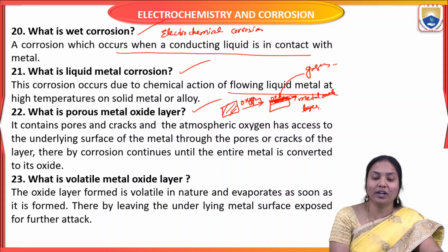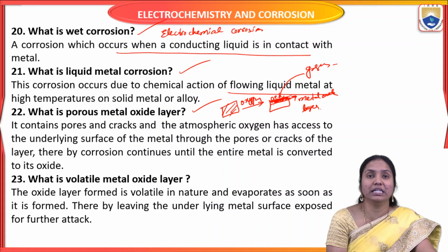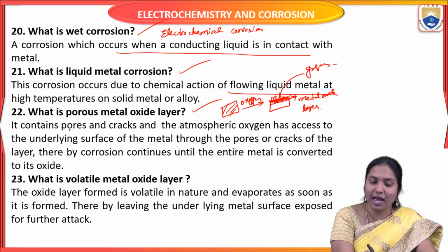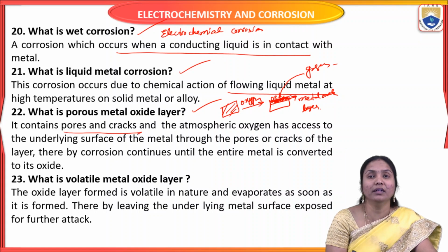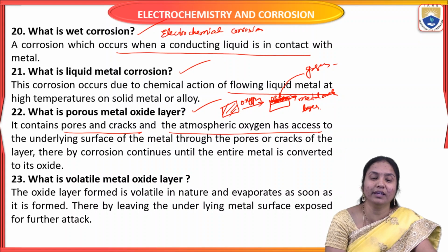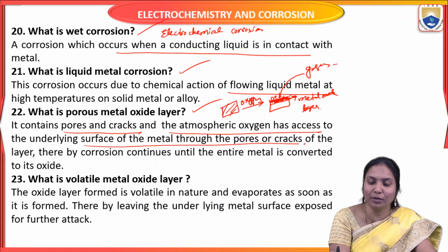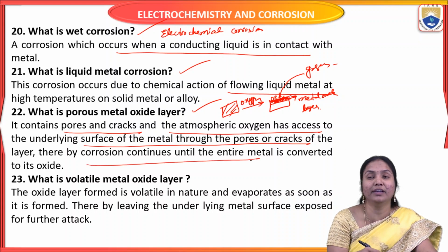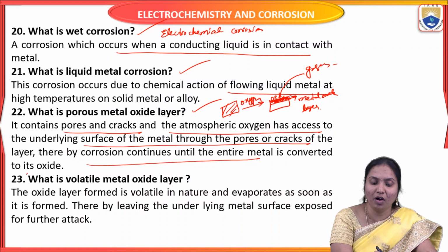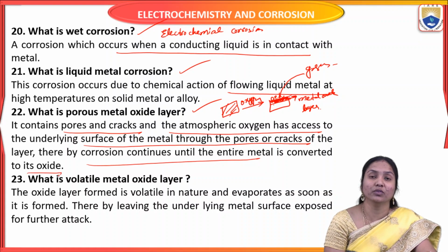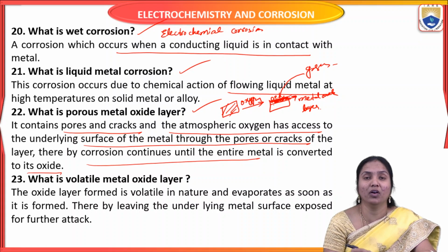So what does a porous metal oxide layer mean? It contains pores and cracks, and atmospheric oxygen has access to the underlying surface of the metal through the pores or cracks of the layer. Thereby the corrosion continues until the entire metal is converted to its oxide. Simply, when the metal interacts with oxygen, it forms a metal oxide layer.